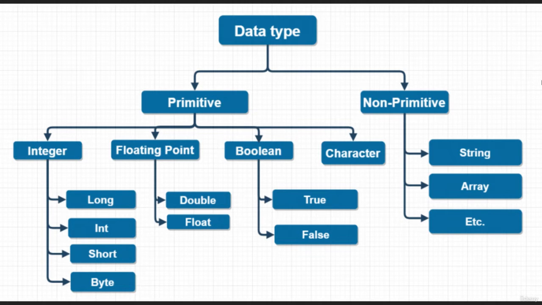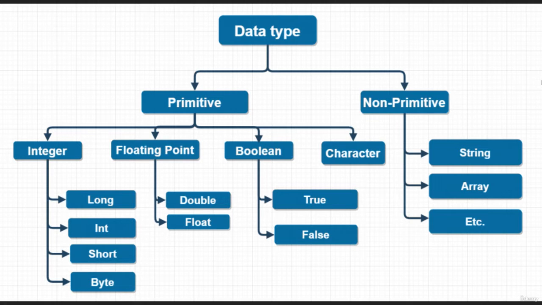The boolean is a primitive type variable in Java and only accepts true or false. So it has two cases, or two states, the true and the false condition. The last one in the primitives is the character.